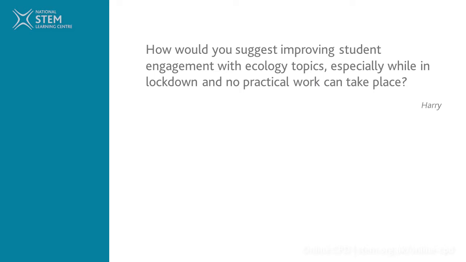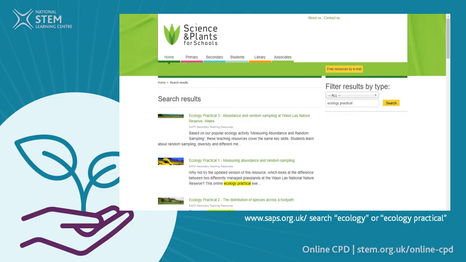This is especially considering that whilst we're in lockdown in the UK, no practical work can take place. I'm going to start off by answering this one, Harry, saying that there are online resources on the SAPS website where you can do ecology activities online.